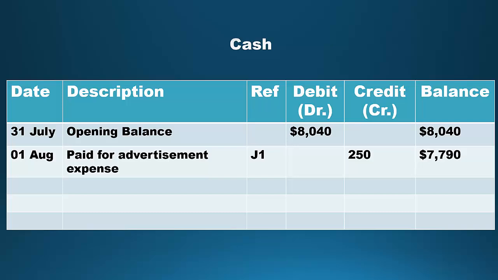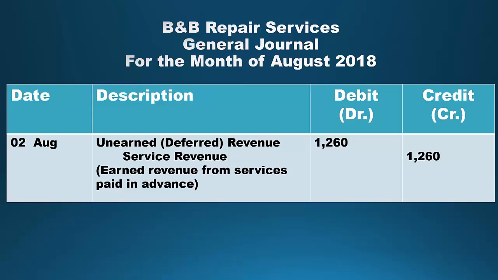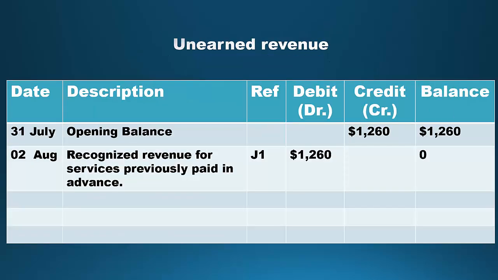Let's keep going with the next transaction from August 2, recognizing revenue from unearned revenue. Step 1. Review the journal entry. The journal entry for August 2nd was debit unearned revenue, $1,260. Credit service revenue, $1,260. This means we'll post amounts to the unearned revenue and service revenue ledgers. Posting to the unearned revenue ledger. 1.